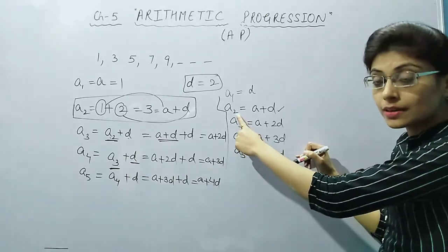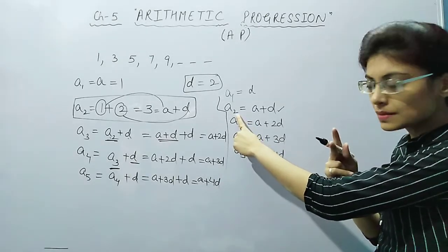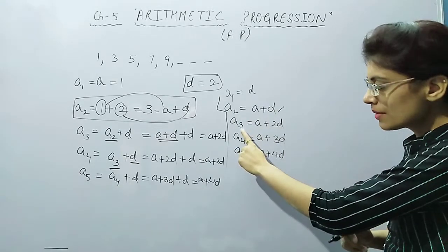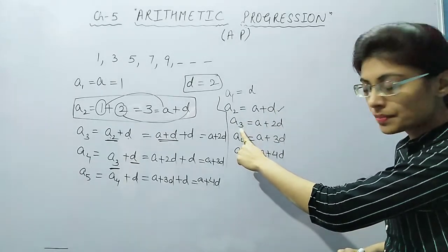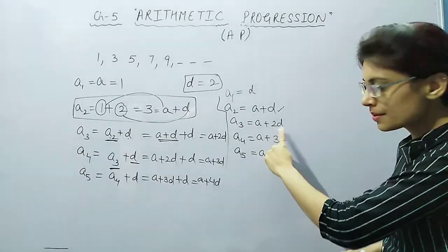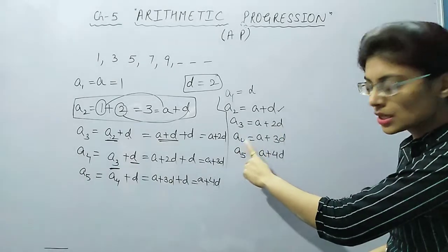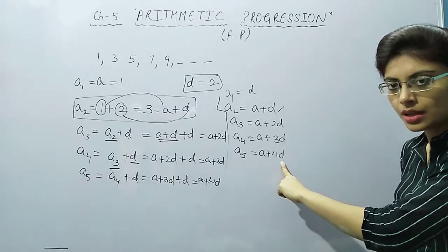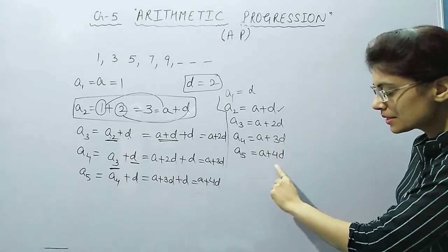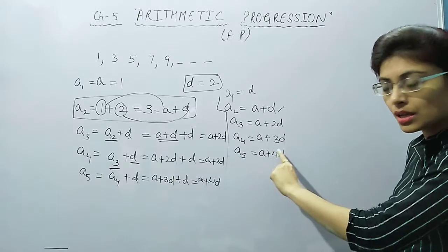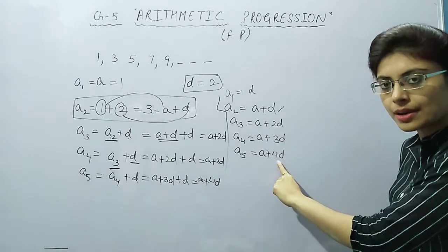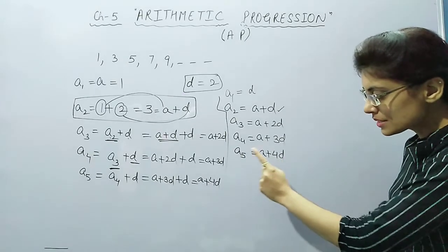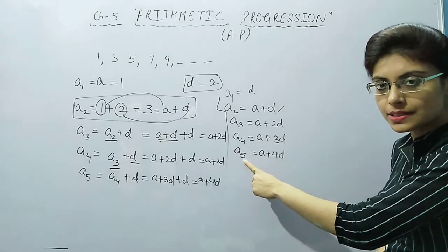When it is the second term, here is 1d. When it is the third term, here is 2d. Fourth term 3d, fifth term 4d. Means the coefficient of d is always 1 less than the term number.